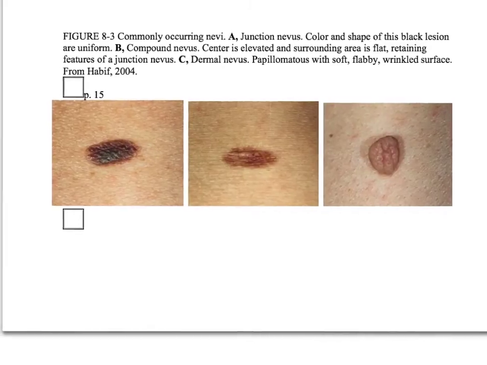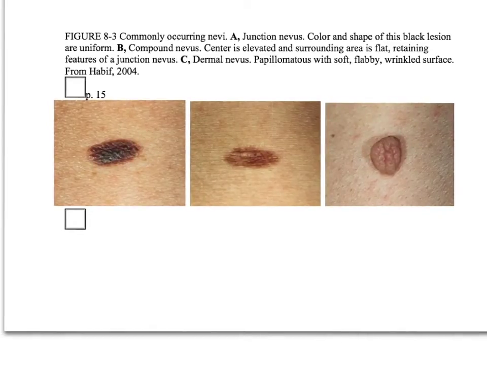This first slide shows number A right here. And that is called a junction nevus. And you can see that it's very dark, but the color is uniform. The border is even, and it's a symmetrical mole.